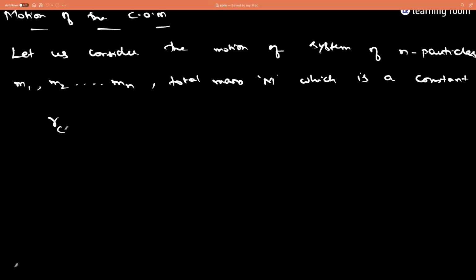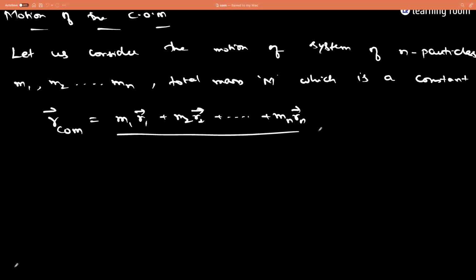Then the position vector of the center of mass is equal to mass of the first object into r1 vector plus mass of the second object into r2 vector plus so on till mn rn vector, the whole divided by m1 plus m2 plus so on till mn.